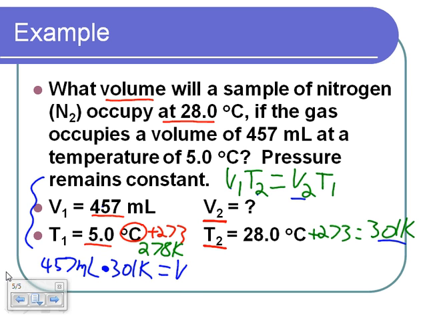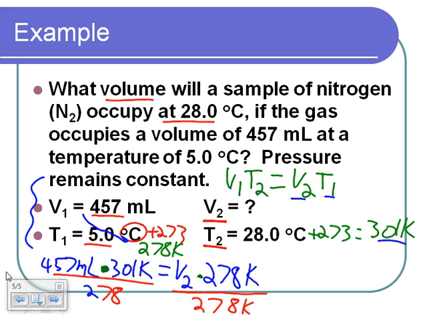V2 is a question mark, so we'll just write V2 there, times our T1. T1 turns out to be 278 K. So we put that down there. Now we need to solve for V2. Everything needs to go on the other side, so we'll just divide both sides by 278 K.